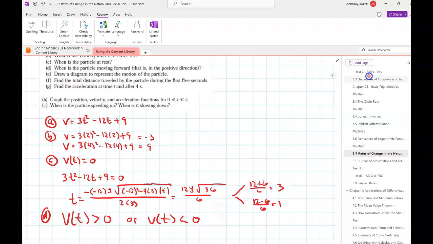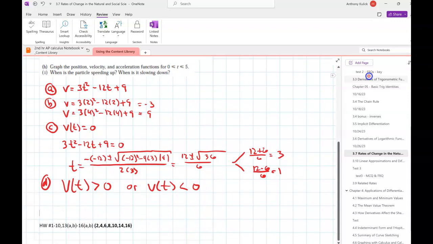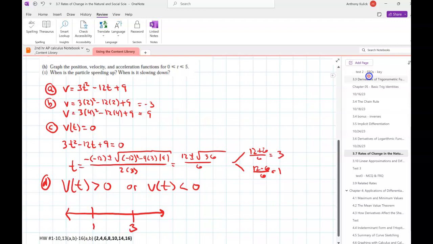What would you do if you didn't have a graphing calculator? I would draw what's called a sign diagram. So I'm going to pick a test value from things that are less than 1, things that are between 1 and 3, and then things that are bigger than 3, and see what the velocities were in those cases.